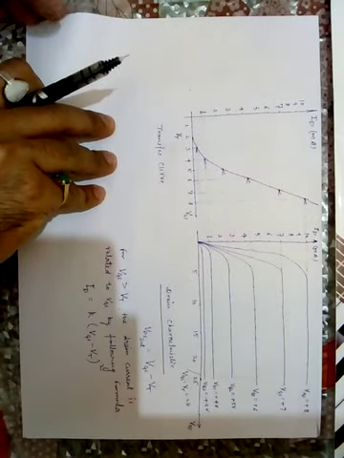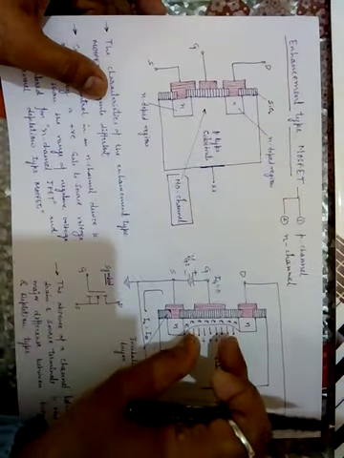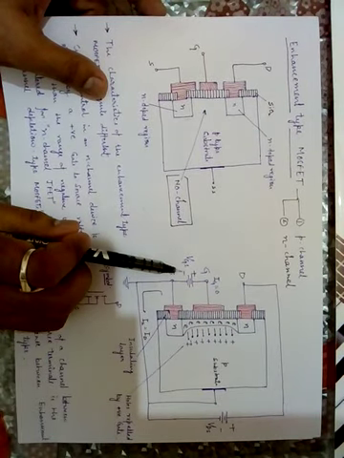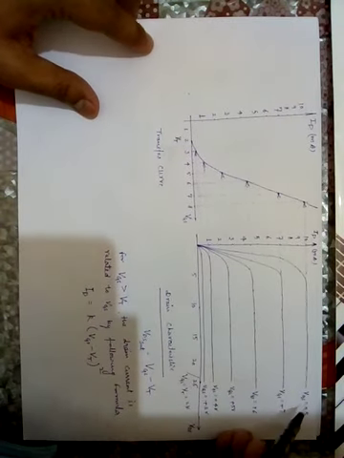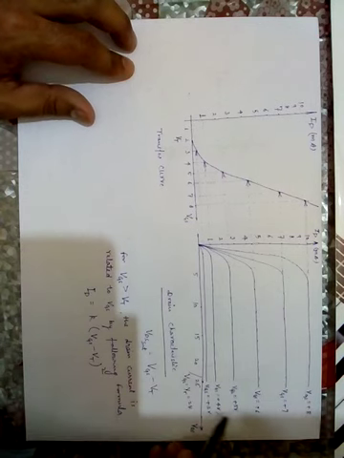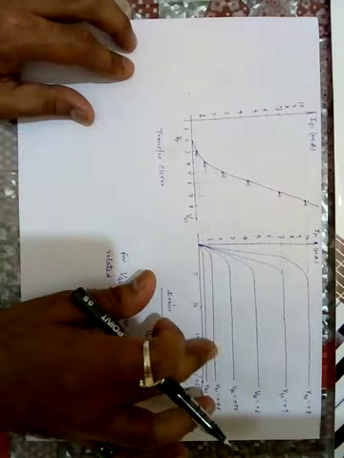When I am talking about the enhancement type MOSFET, there is no channel. No channel means you have to apply a positive gate source voltage. VGS is the gate voltage with respect to source, and source is ground. All the VGS values you have to take are positive. So this is a major difference.